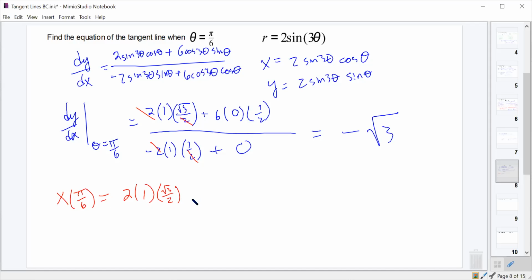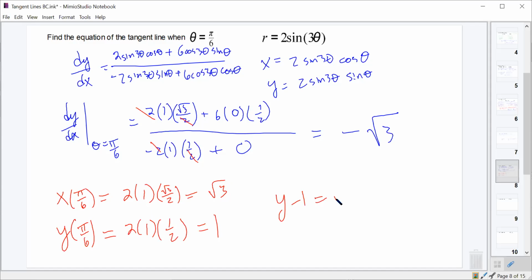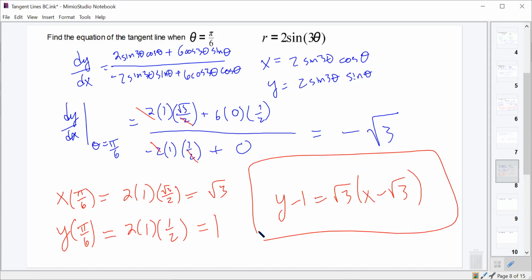Root 3 over 2. So what is our x value? Just root 3. And y at theta equals pi over 6 ought to be 2 times 1 times our sine of pi over 6, which is a half, or 1. So we got y minus 1 equals root 3 times x minus root 3 as our equation.